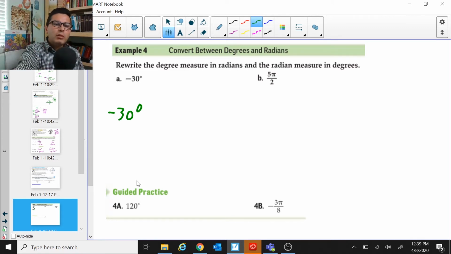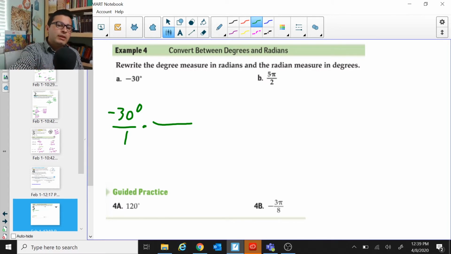Well, I know that I'm going to multiply it by either pi over 180 or 180 over pi. Well, let's think about this for a second. What do I want to get rid of? This will be negative 30 degrees over 1. So I want to get rid of the degrees. I don't want it to be degrees anymore.